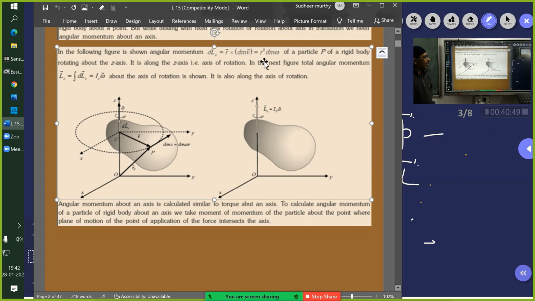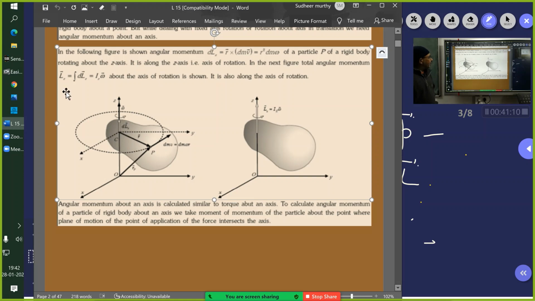So what is this? This is the incremental angular momentum of the particle dm, whose angular speed is omega, and at a position r from this point on the axis of rotation.